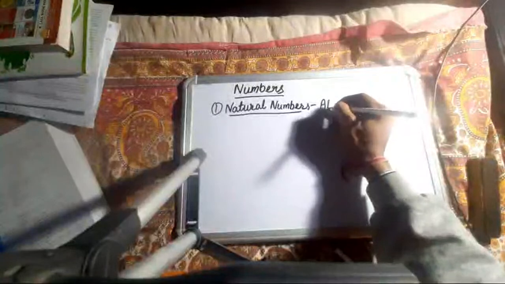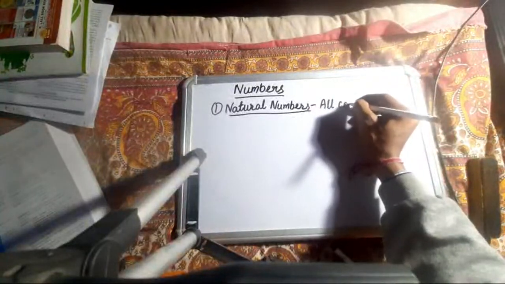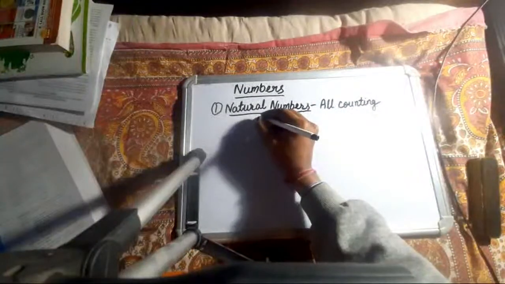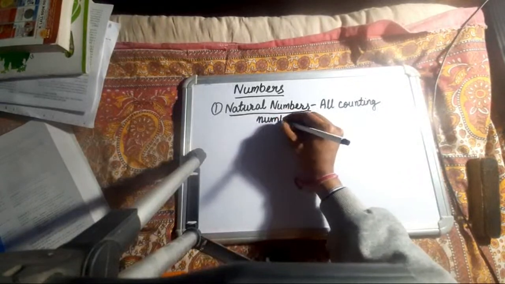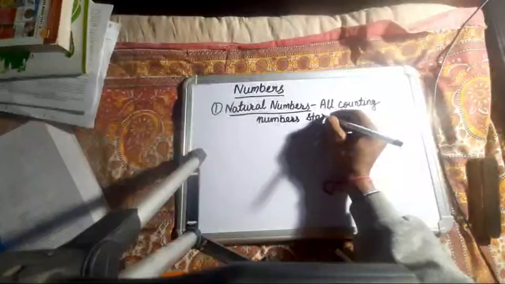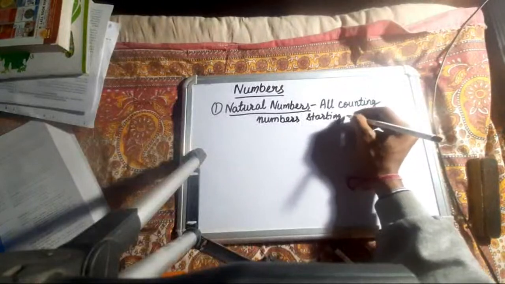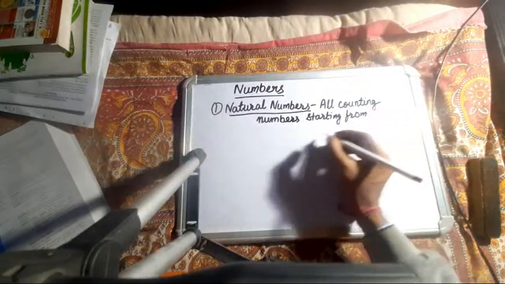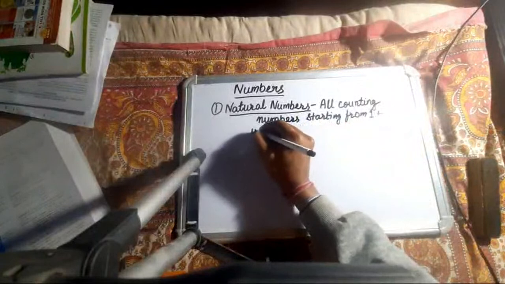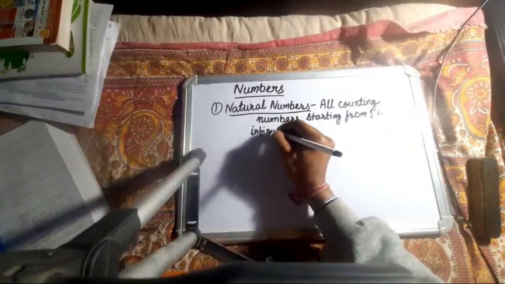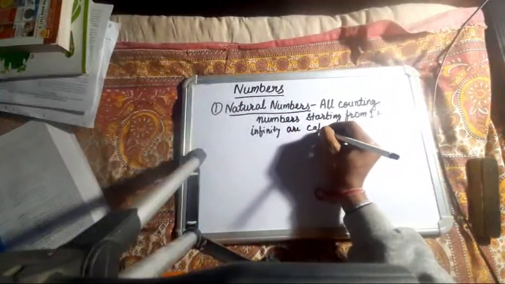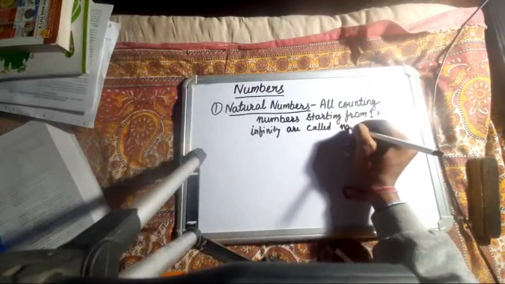So we could write: all counting numbers starting from 1 up to infinity are called natural numbers.